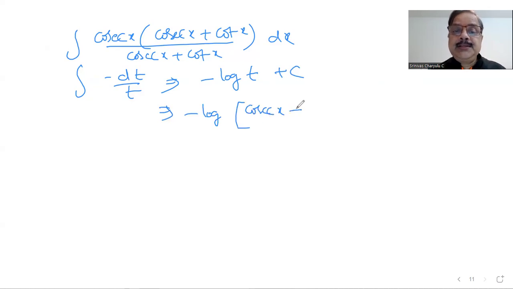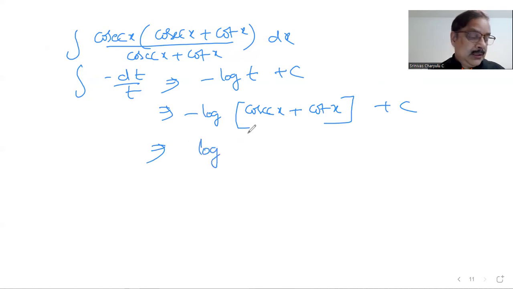Cosecant x plus cot x plus c. So now minus sign you can send to the top, or you can leave it here. It's not going to do any harm for us. I will leave it here. Don't worry. Unnecessary simplifications are not required. You can do so much further, but it is not required.